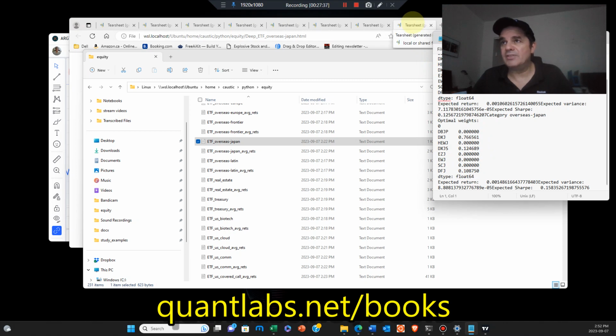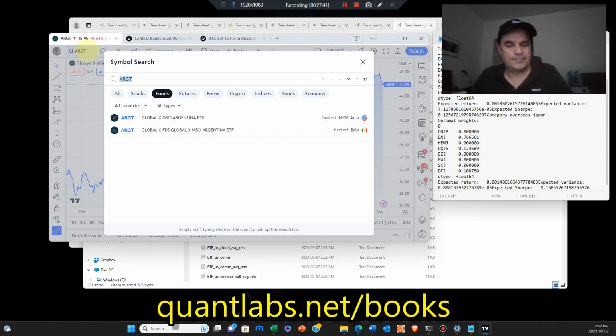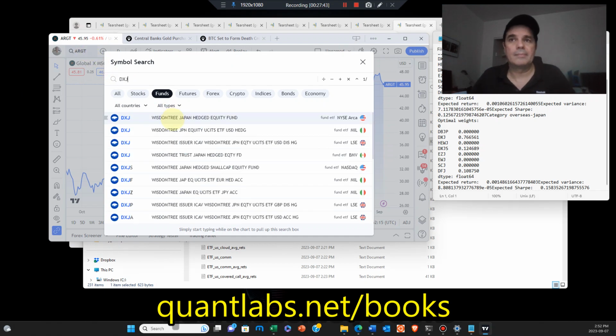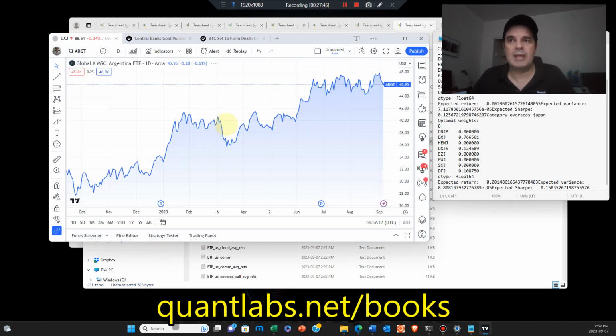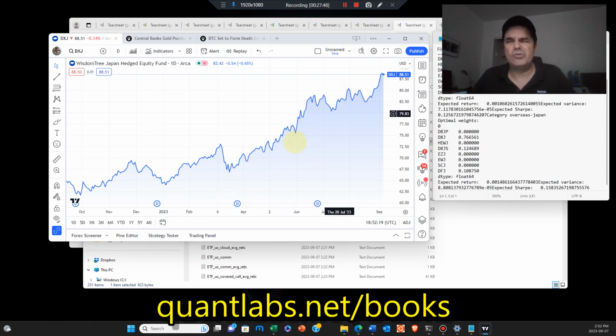So the first one we have is DXJ, WisdomTree Japan Hedged Equity Fund. Look at that. Very few drawdowns. Really steady. And you're going from 65 to $88. That's about a 50% return since March. Really strong return. Why would you not put money into that?